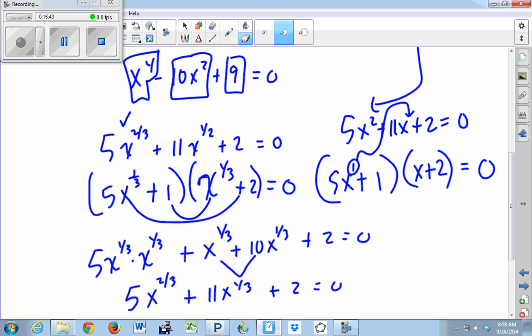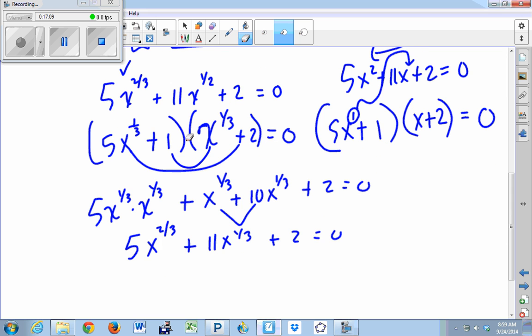So that's one of the things you want to look for. So if on next Monday's test, you see an equation where the power of your first term is twice as big as your middle term, and then you have a constant, in your mind, you could make it look really nice, like the ones in the right-hand column, and say, oh yeah, that's just like a quadratic equation. I can just factor it.